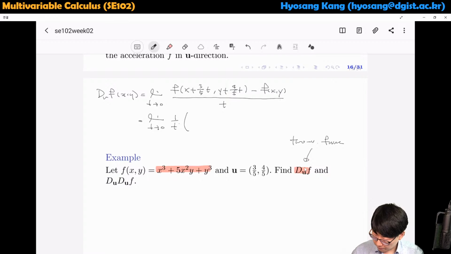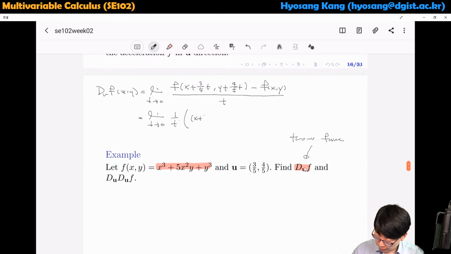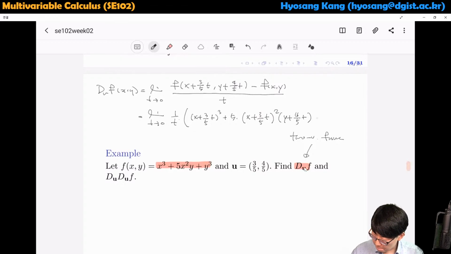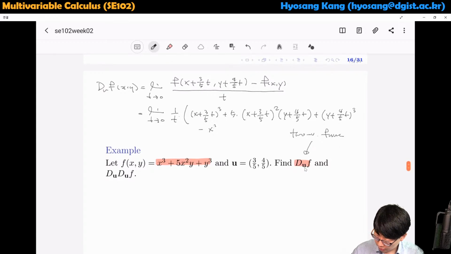So we have, instead of x, x plus 3/5 t, (x + 3/5 t) cubed, 5 (x + 3/5 t) squared, and y plus 4/5 t, and then (y + 4/5 t) cubed, and then x cubed minus 5x squared y minus y cubed.